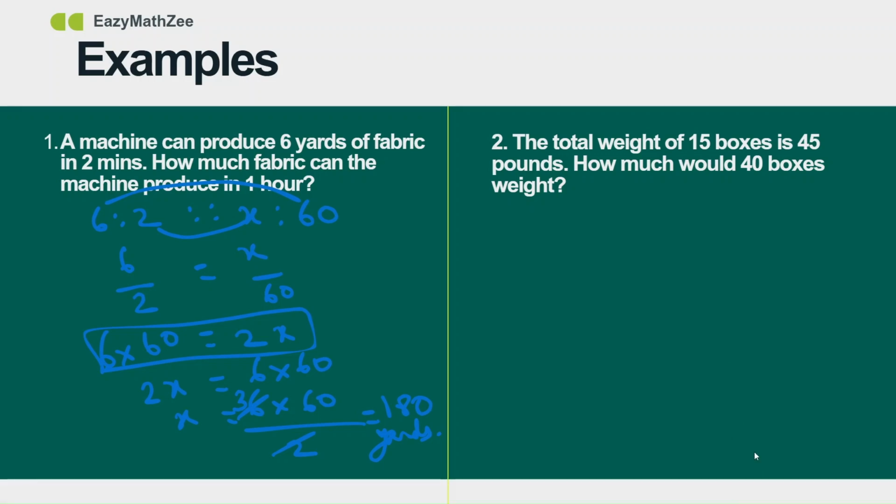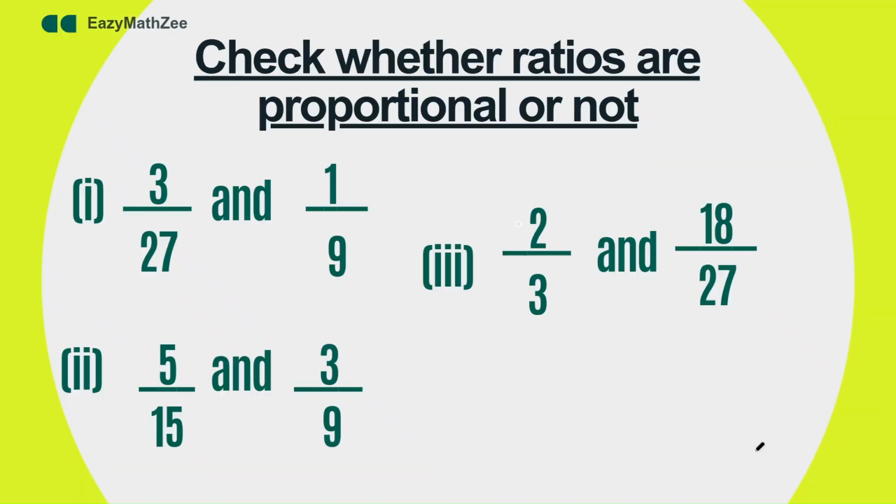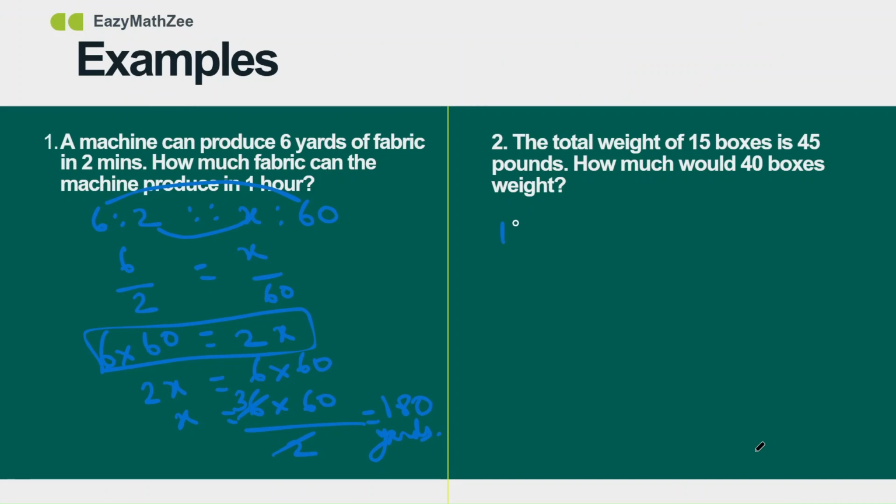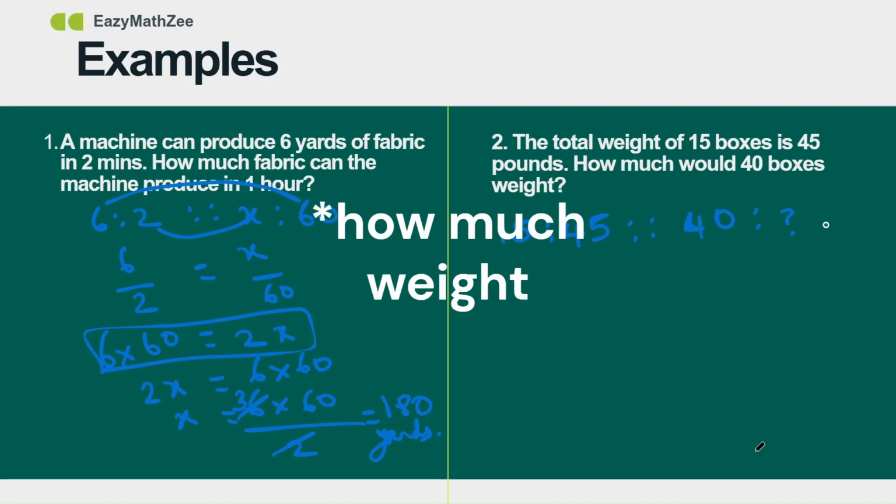Next sum. The total weight of 15 boxes is 45 pounds. How much would 40 boxes weigh? The total weight of 15 boxes, so this ratio will be 15 is to 45, proportionate to 40 is to how many pounds, which we don't know.